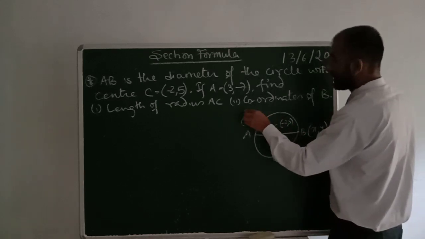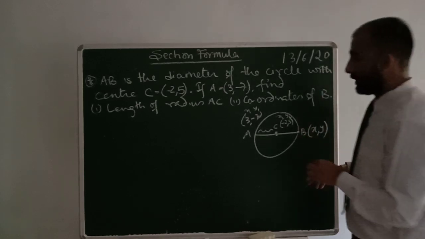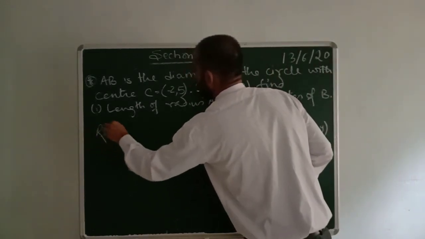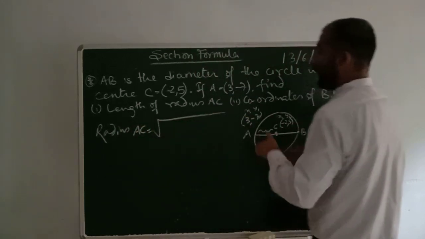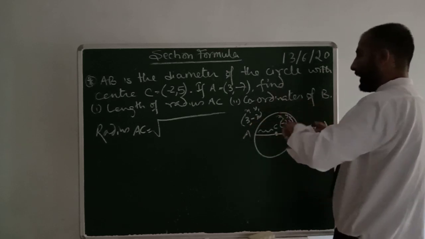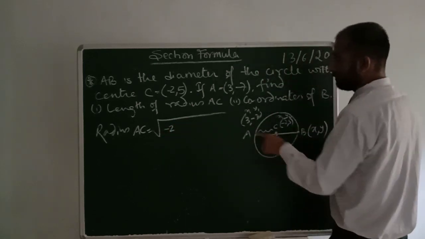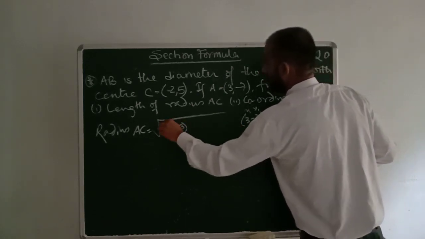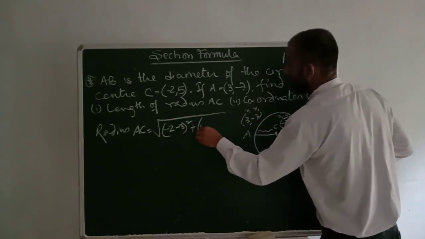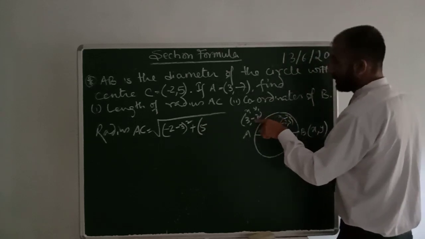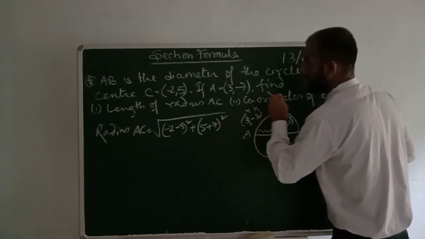Okay. So let us take this as x1 y1 and this as x2 y2. So we use the distance formula. Radius AC equals, as I taught you, the square root of (x2 - x1) whole square plus (y2 - y1) whole square. Okay, x2 that is -2 minus x1 that is 3, whole square, plus y2 is 5 minus y1, here y1 is already minus, so it will be +7, whole square.